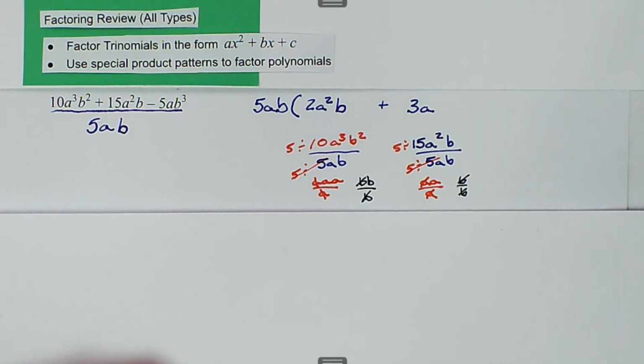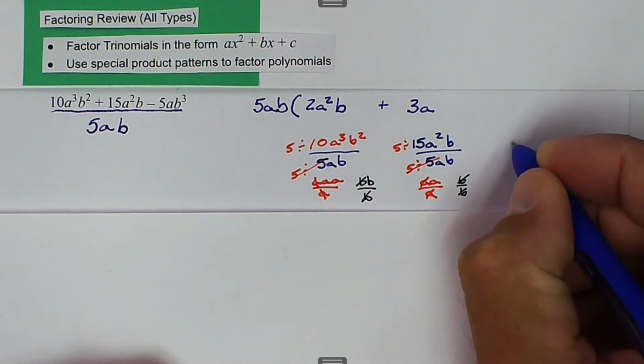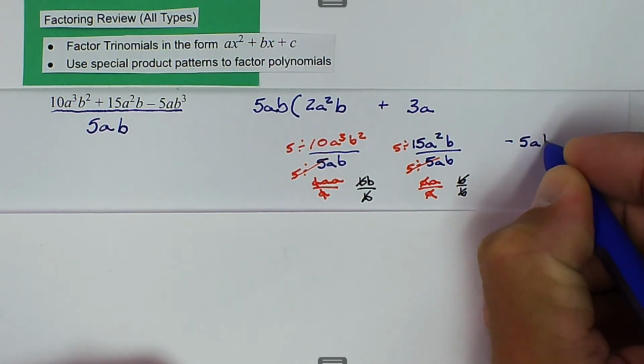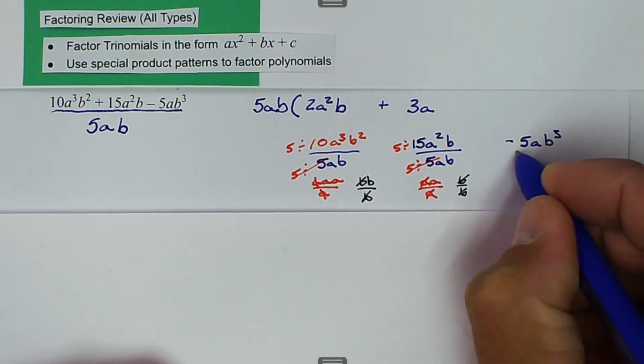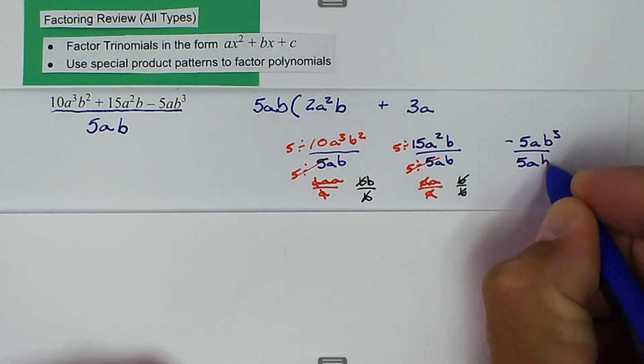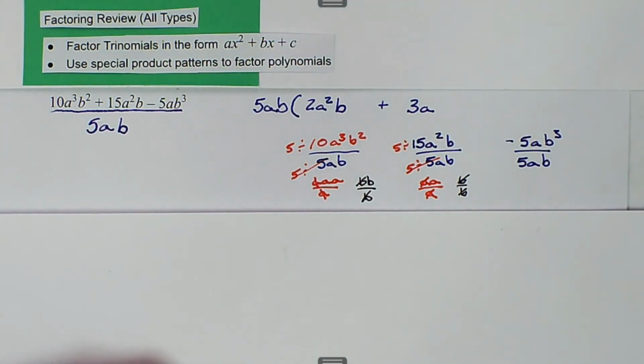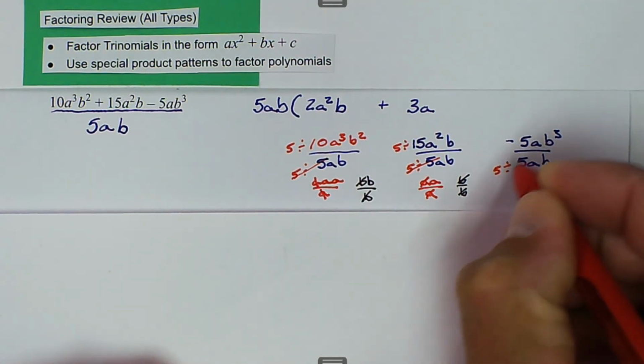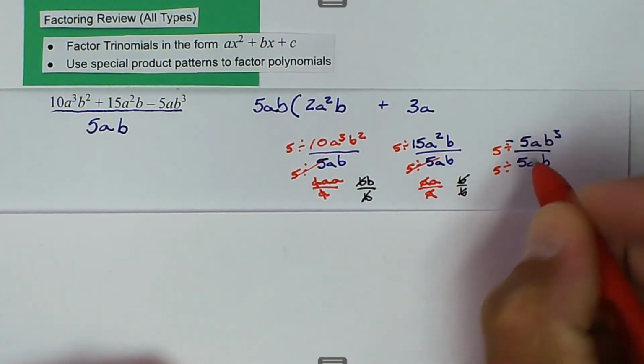And then the last one we can look at is we have a negative 5ab cubed, and we're still dividing that by 5ab. So if we look at the coefficients, these are both divisible by 5. So we're going to divide by 5, divide by 5.